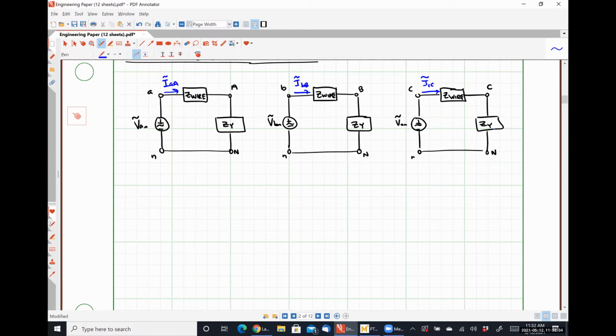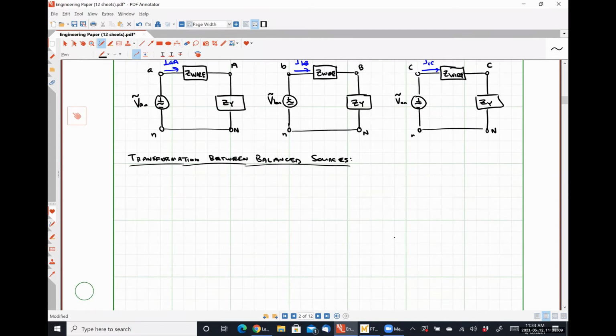So let's start with transformation between balanced sources. All right. So let's start with a Y connected voltage source that is balanced, okay?